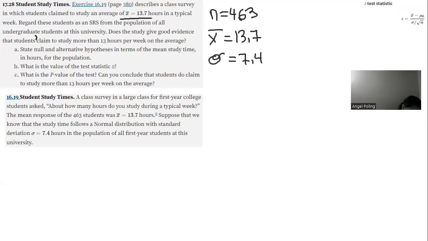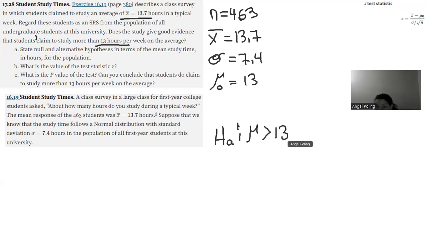And let's see, we need mu naught, no? Mu naught is 13. So they're saying here that the students claim, so that's the alternative, that they're studying more than 13 hours.